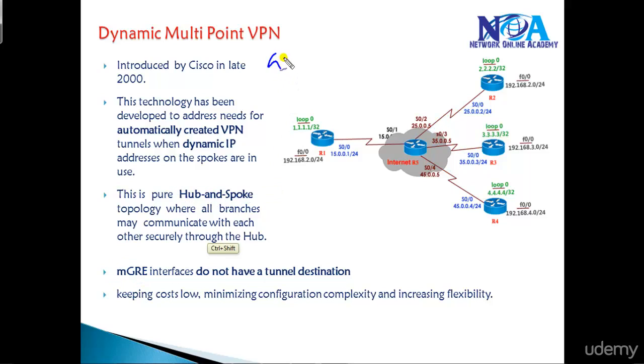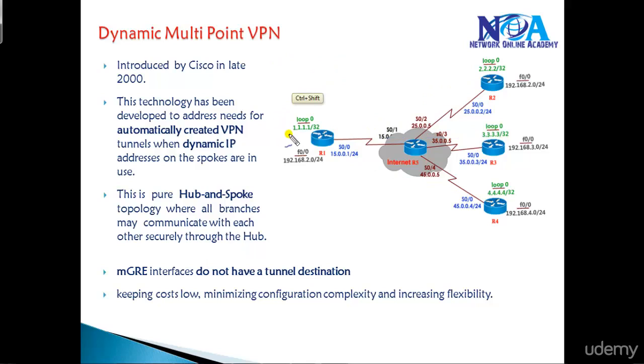Normal GRE tunnels have point-to-point connections. So if you want to configure from router 1 to router 2, we create one separate point-to-point interface, and from router 1 to router 3 we have a separate point-to-point, and from router 1 to router 4 we have a separate point-to-point connection. That's what a normal GRE supports.